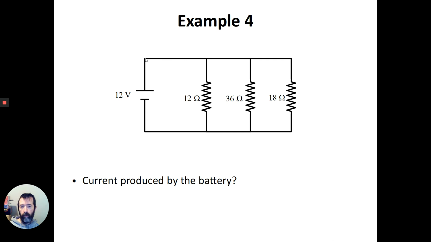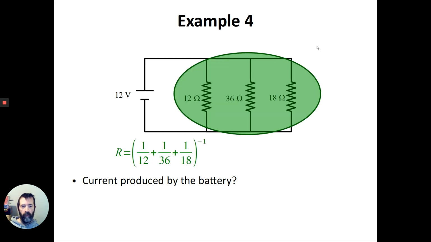So from the battery, current flows up to this point, and then it branches off, and then it branches off again. So there are 3 resistors in parallel. There are 3 paths to get from this spot to this spot. I can take one of 3 separate paths. So that whole section is just 3 parallel resistors.